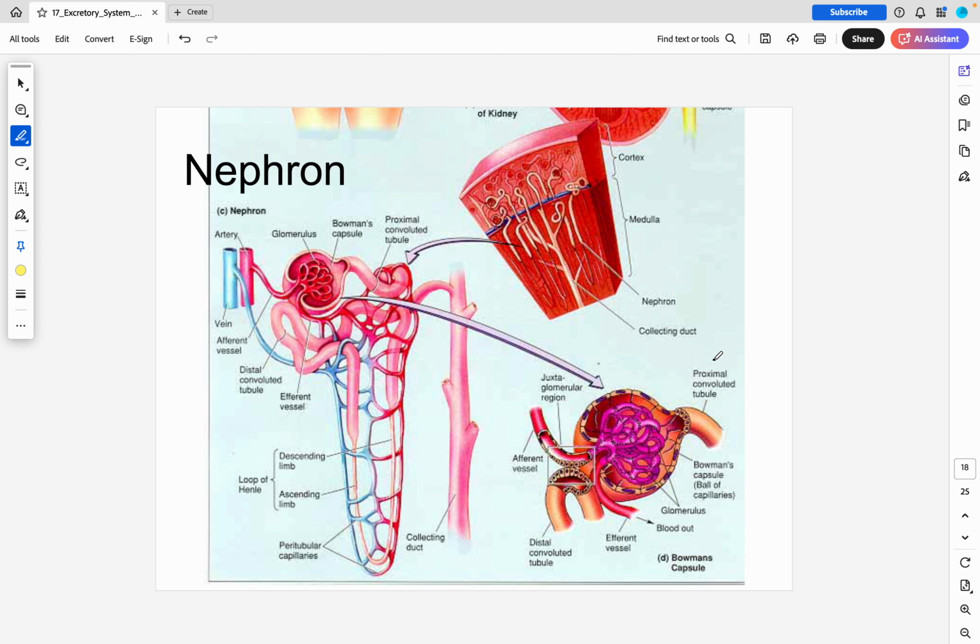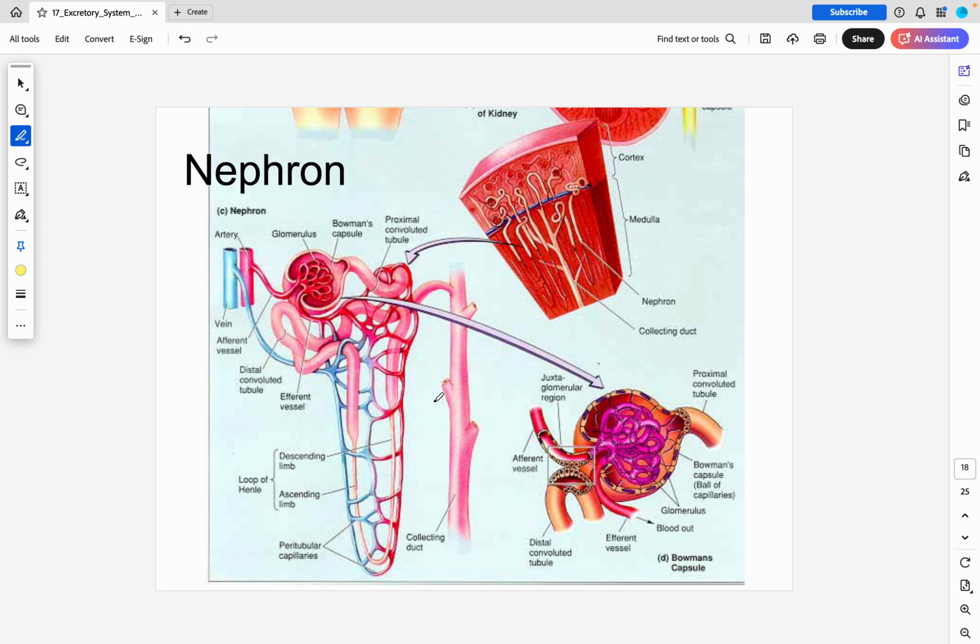So the capillaries are not only confined within the Bowman's capsule, within the renal corpuscle. There are capillaries that surround the tubules for the transport of material in and out of the blood, because as the filtered material is transported from the Bowman's capsule to the renal tubule, a number of things actually happen.